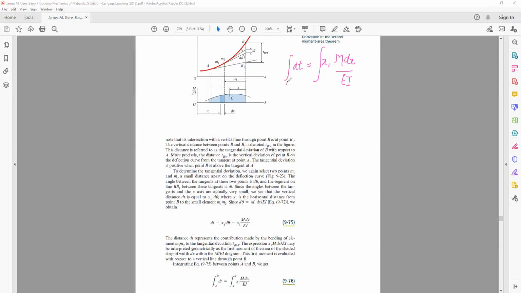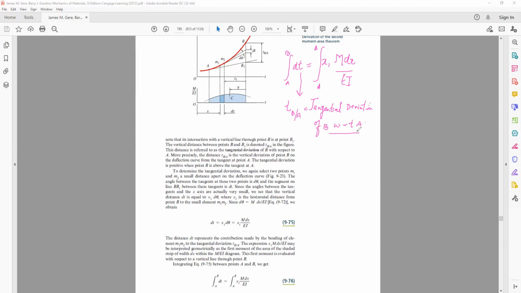And this dt that we were integrating from A to B, as this was the segment of our beam A to B, this integral dt is what we said is t subscript B by A. So we said this is tangential deviation. This is the tangential deviation of B with respect to A.